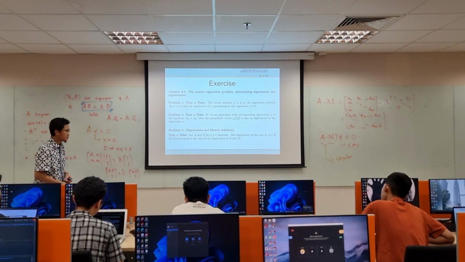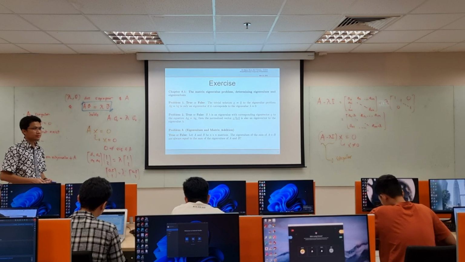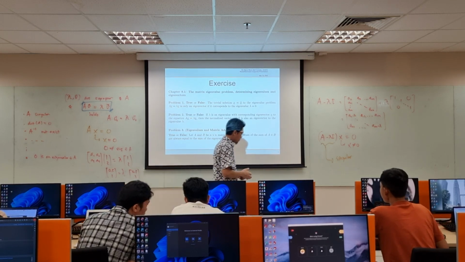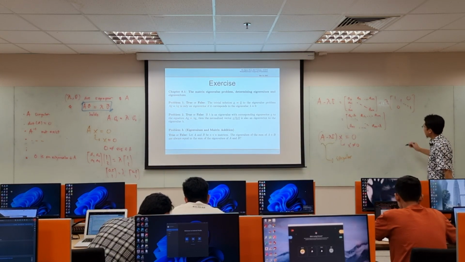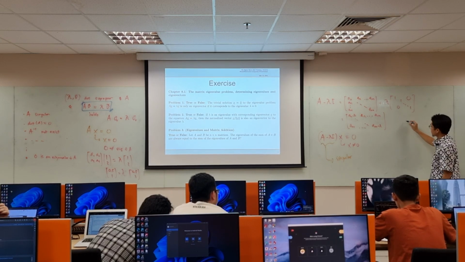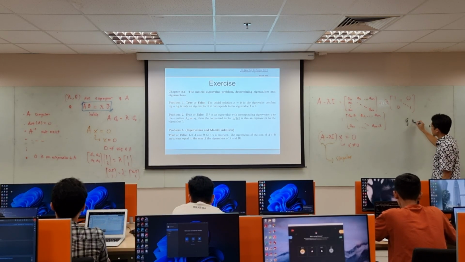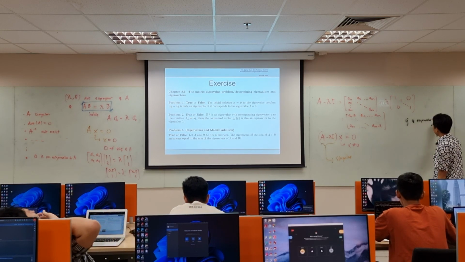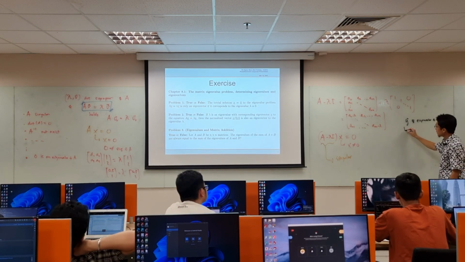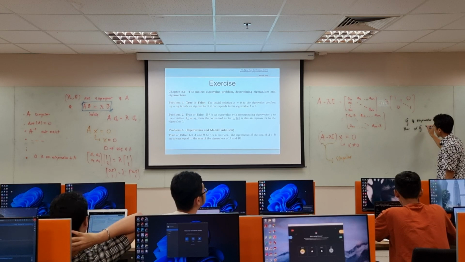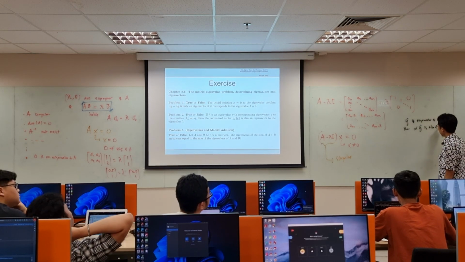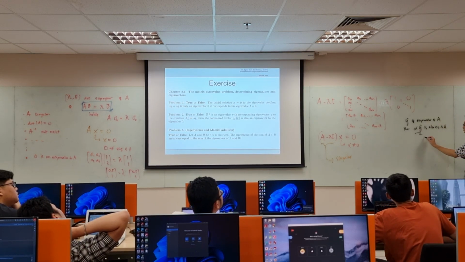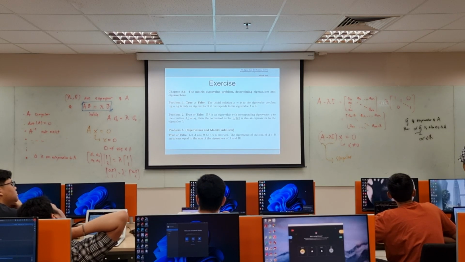It's the direction. So if y is an eigenvector of A, then alpha y is also an eigenvector of A, for alpha a real number.